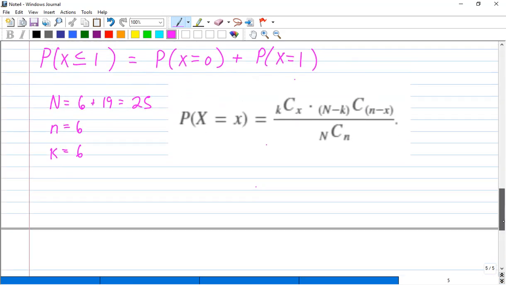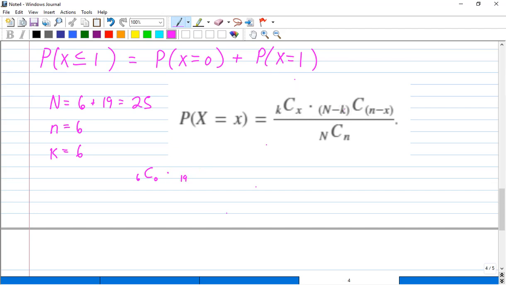All right. So I'm going to do 2 problems. First, I'll do x equals 0. So this is going to be 6C0 times, now big N minus K. So 25 minus 6, 19.